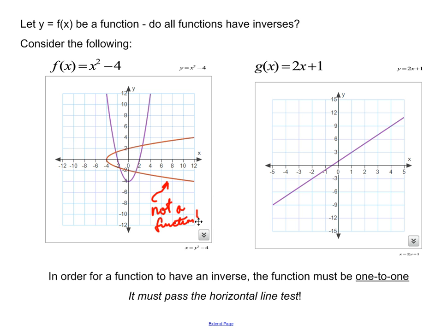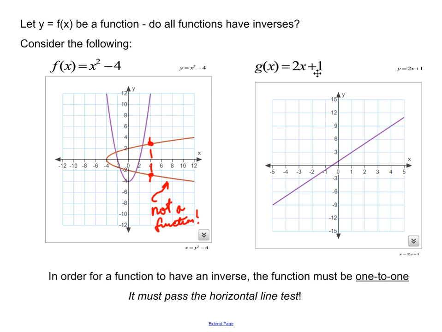In order to be a function in the first place, it has to pass the vertical line test, which this does not. The vertical line test says that if we have the graph of an equation and we pass a vertical line through that equation, it should only pass through the equation in one and only one place. It's true for f of x that it is a function, but it is not a function that has an inverse function. So this problem right here must be resolved.